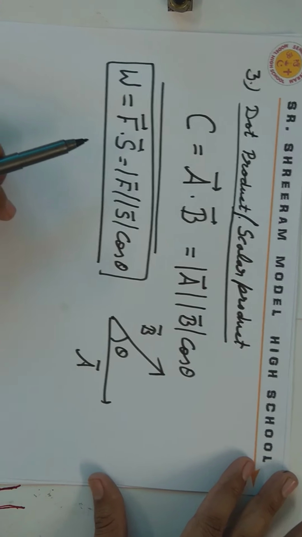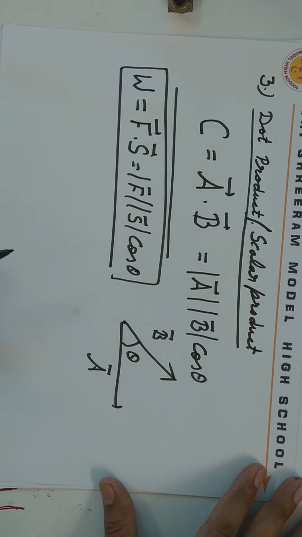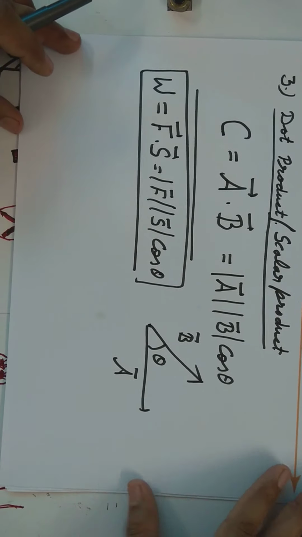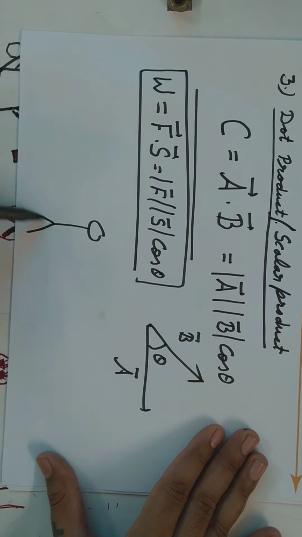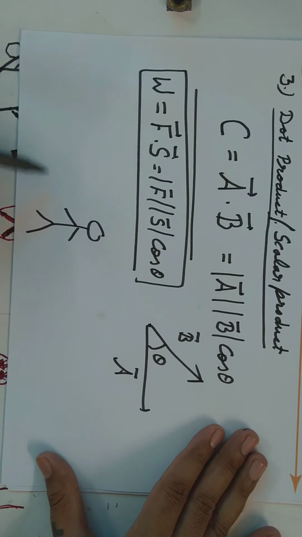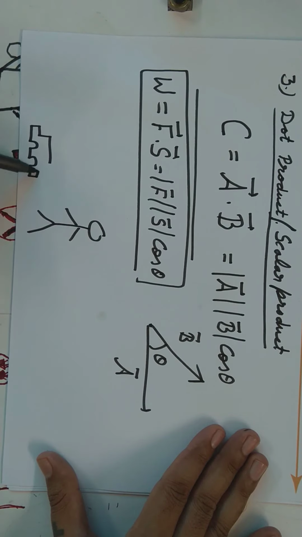Okay, so I show it with an example. Here is a boy. He has a toy car. Okay, so he is having a string which is making an angle theta with the horizontal.